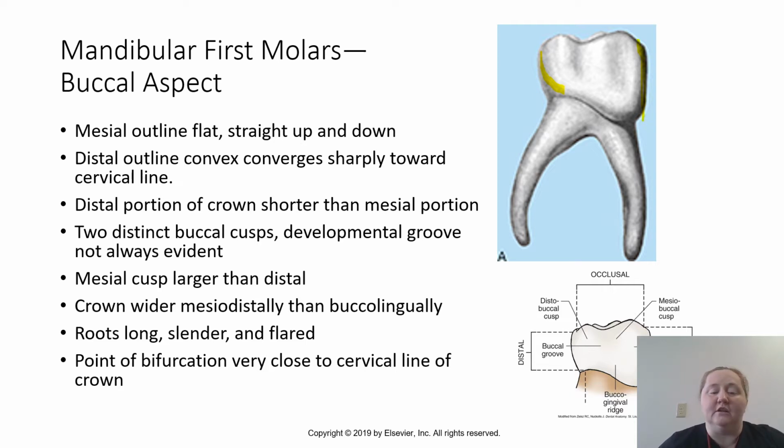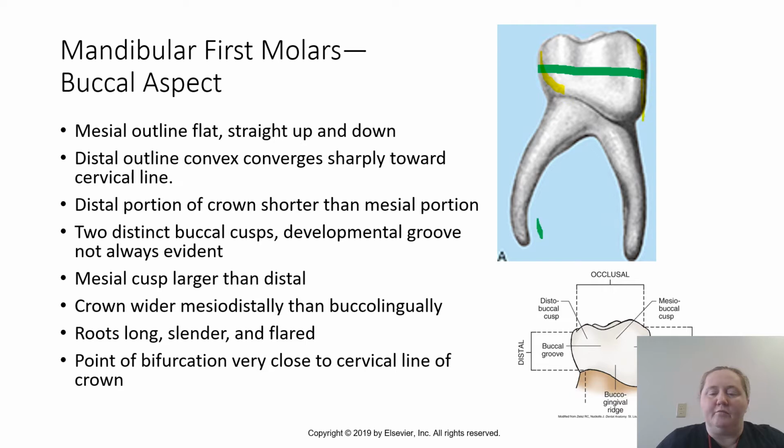The mesial cusp is larger than the distal, and the crown is wider mesiodistally, so just to keep orienting you guys with this, mesiodistally, okay? So it's wider mesiodistally than it is buccolingually, which I can't draw here because we can't see that surface, right? The roots are long, slender, and flared.